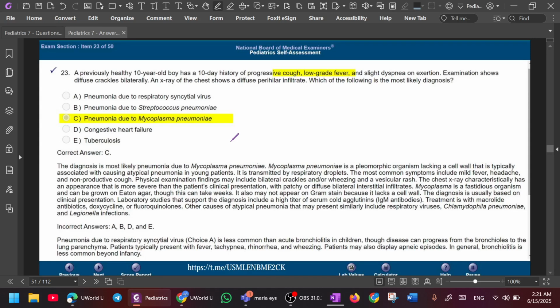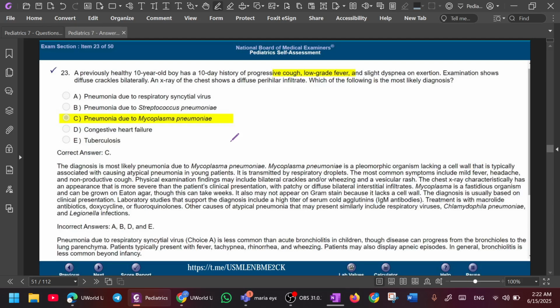Physical exam findings may include bilateral crackles and or wheezing, and a vesicular rash. Chest X-ray characteristically has an appearance that is more severe than the patient's clinical presentation, with patchy or diffuse bilateral interstitial infiltrates. Mycoplasma is a fastidious organism and can be grown on Eaton agar, though this can take weeks. It also may not appear on Gram stain because it lacks a cell wall.